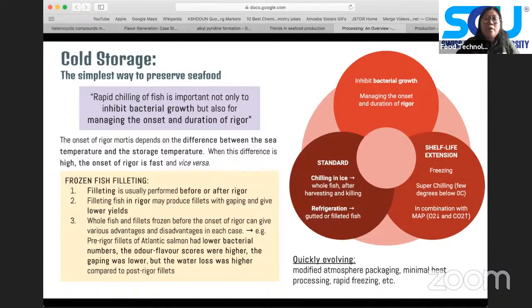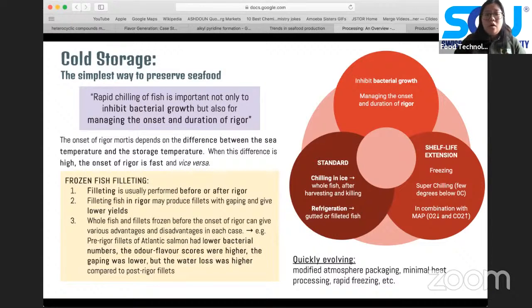For example, there is a study where pre-rigor fillets of Atlantic salmon were observed. The filleting prior to the rigor showed that the fish have a lower bacterial number, and the sensory characteristics were better. It has a higher score for odor and flavor, and the gaping was lower also, but the water loss was higher compared to post-rigor fillets.